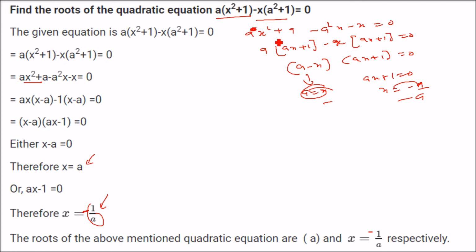See, I'm just doing it in another way. This is ax square plus a minus x, a square minus x. If I take ax common from here, it will be x plus a.